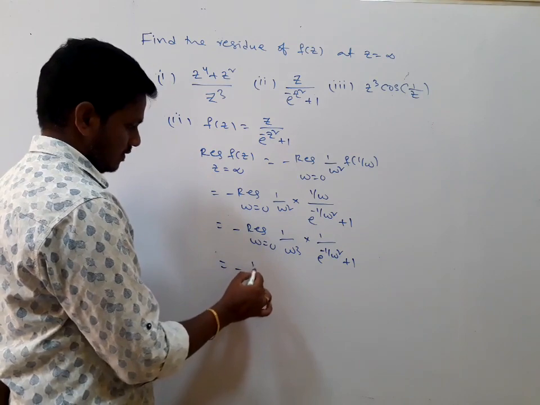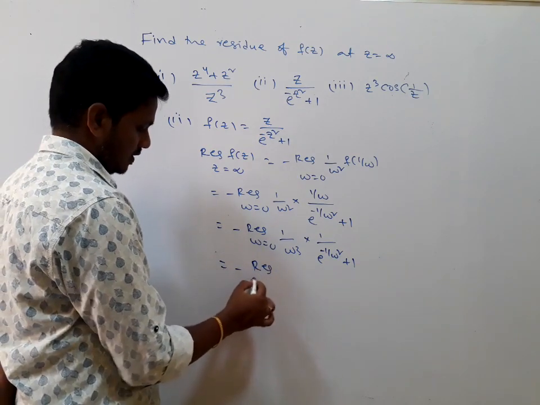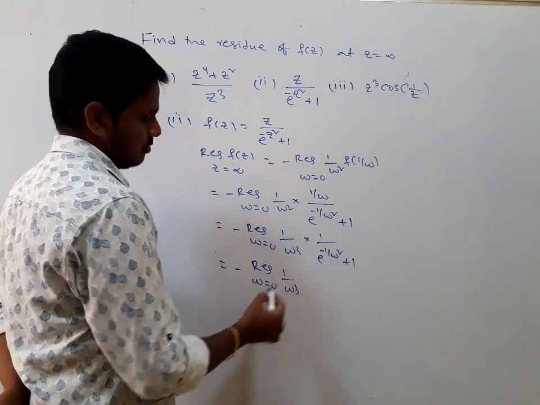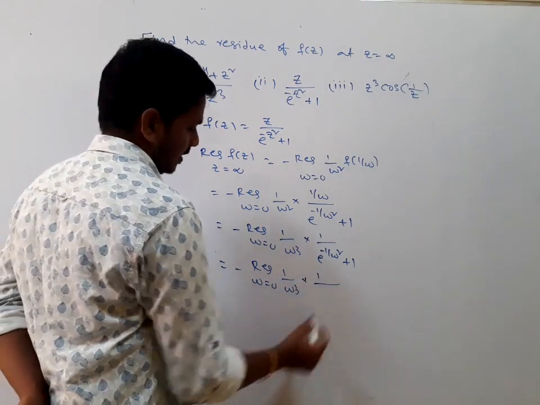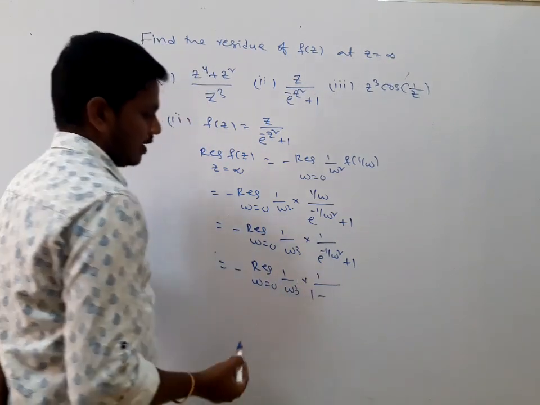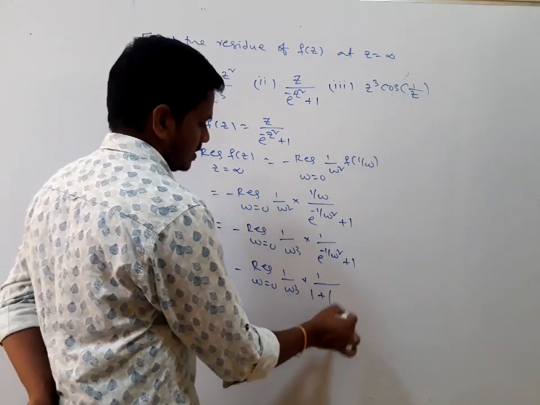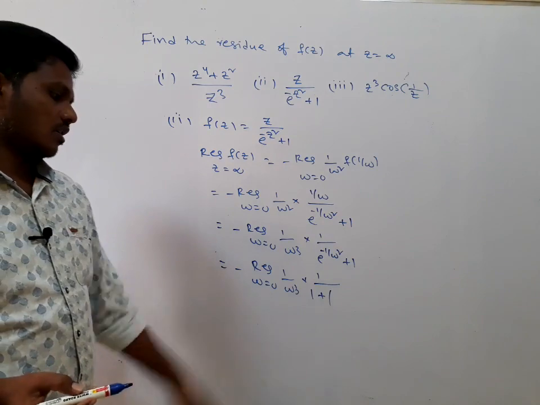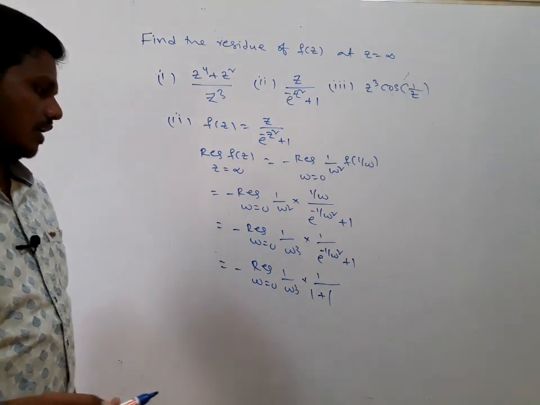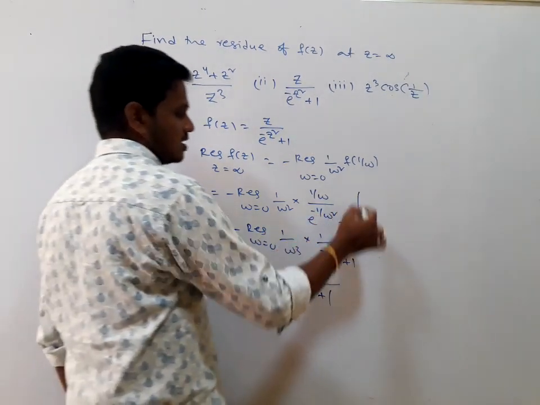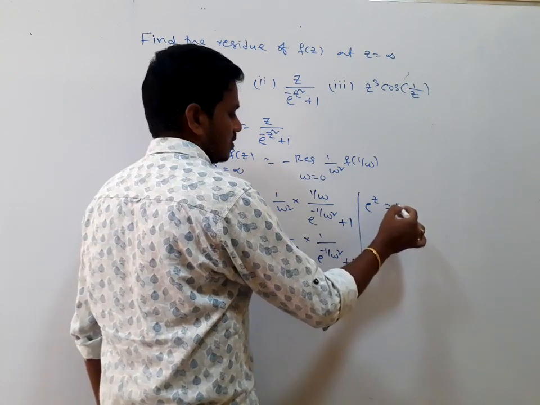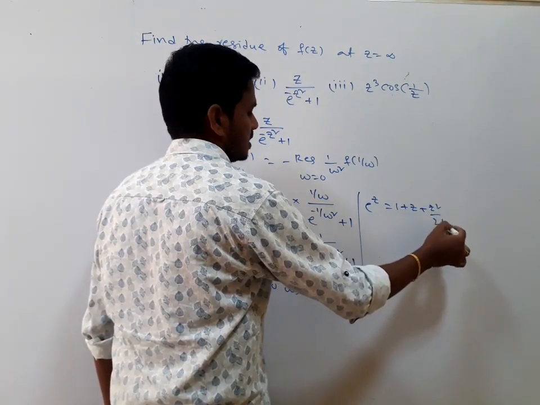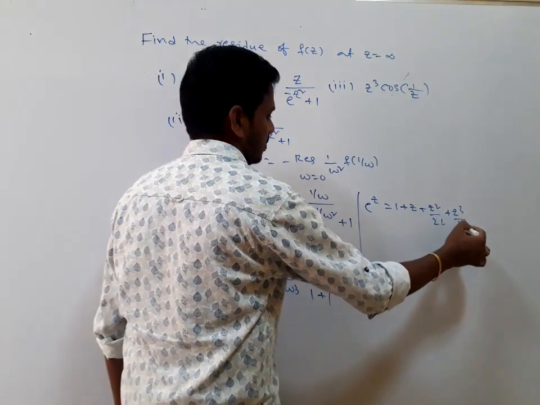Right, it is minus the residue at w equals 0 of 1 by w cube into 1 divided by 1 plus, yes, the e to the power of 1 by w expansion, you know that. If you take the e to the power of z expansion, e to the power of z equals 1 plus z square by 2 factorial, z cube divided by 3 factorial, plus so on.